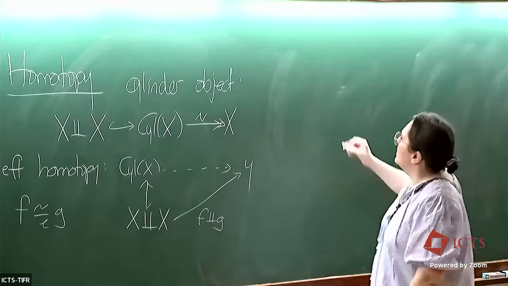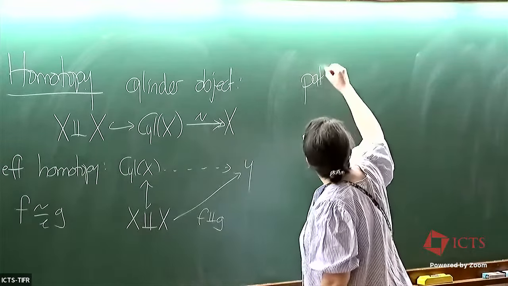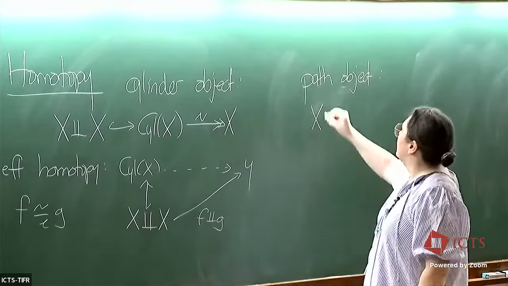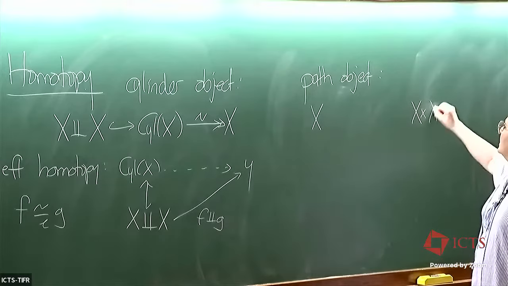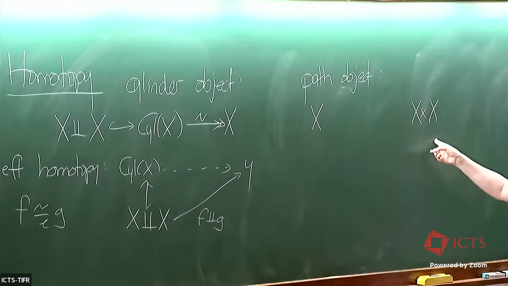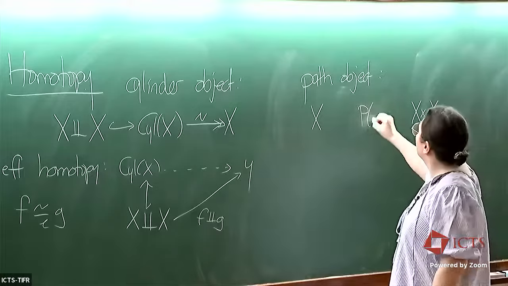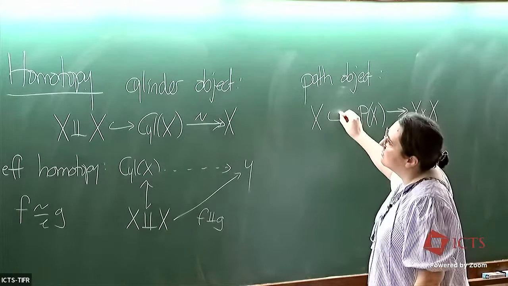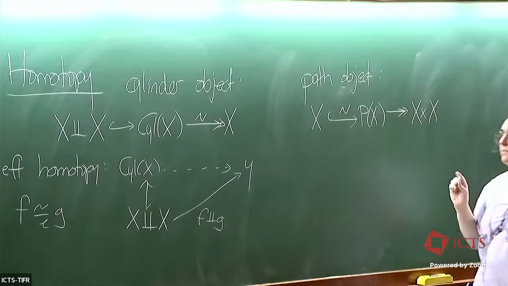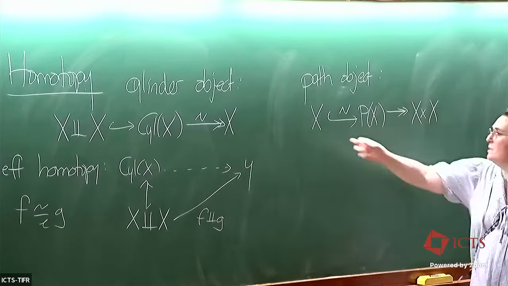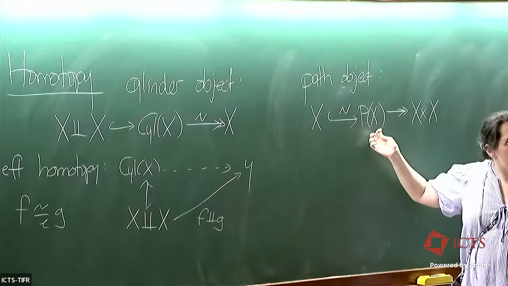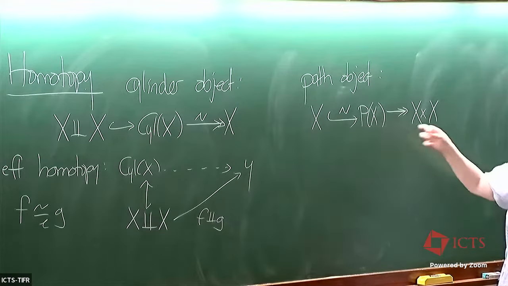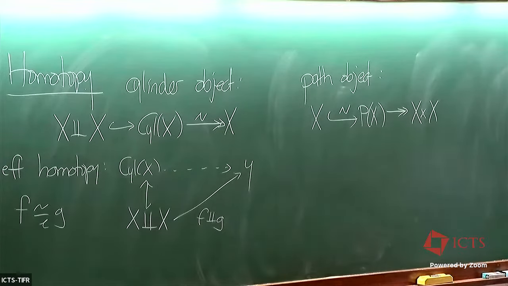And for right homotopy, you use a path object where dually you factor the diagonal map into the product. And if you have spaces, well, then that can be the inclusion into the path space of X, so maps from the unit interval into X, and that map would be the respective evaluations at each end.